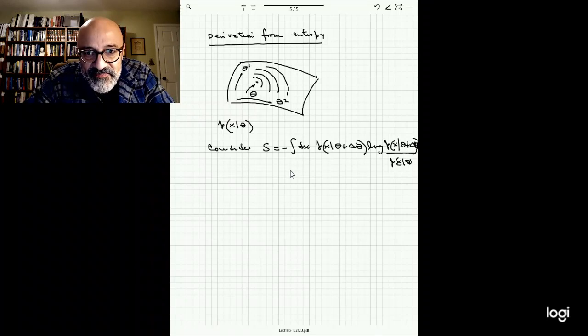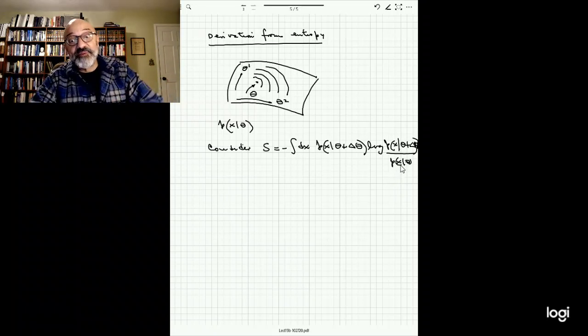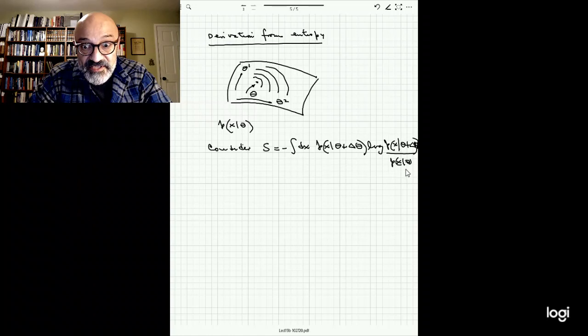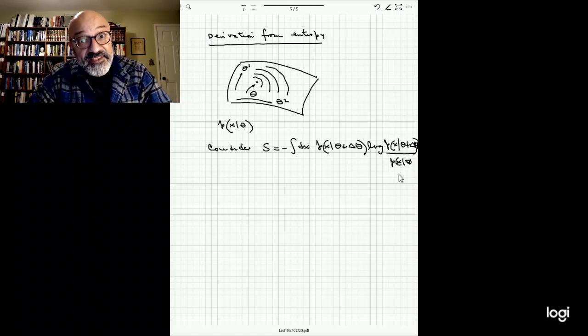Well, remember how we derived this formula. We derived it by imposing that prior information is very valuable. You want to be as close as possible to the prior, right? So if it is as close as possible to the prior, can we actually say that this is a distance?